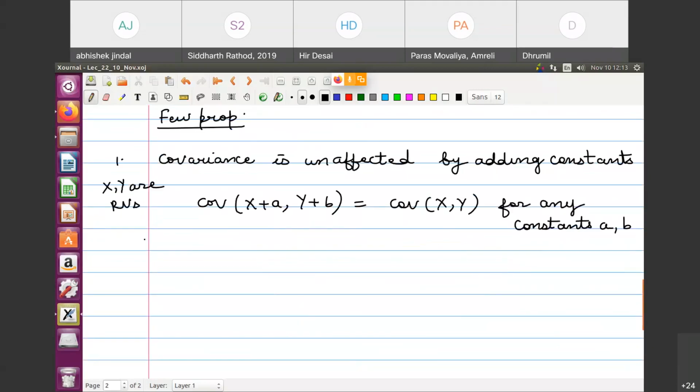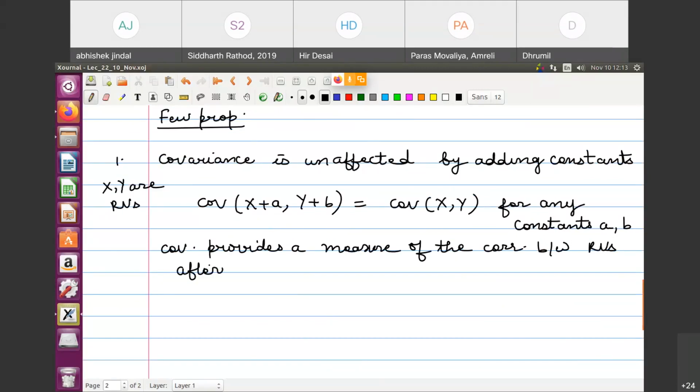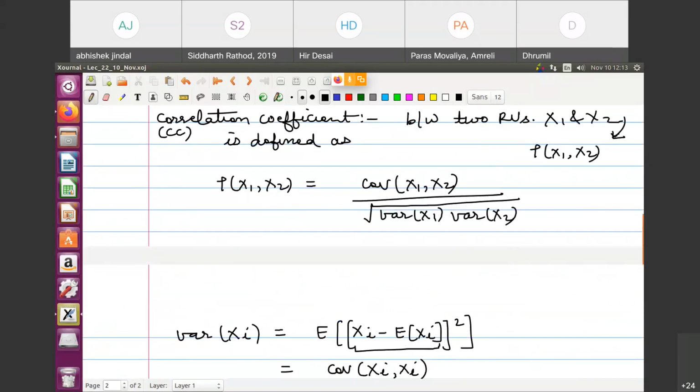Why does this happen? Because covariance provides a measure of the correlation between random variables after subtracting out their means. So this is a measure of correlation, but the other is a correlation coefficient. Slight difference: you scale by the variances.